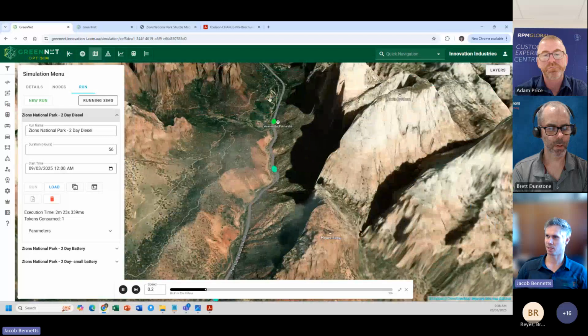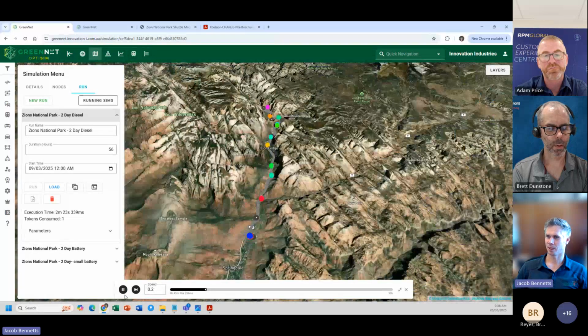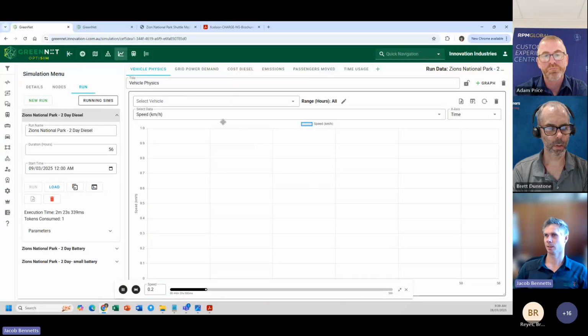You can see the little asset zipping around there. That's kind of fun, but the really interesting part is when you look at these metrics. For motor vehicles, we look at about 5 data points per second, so it's quite granular.